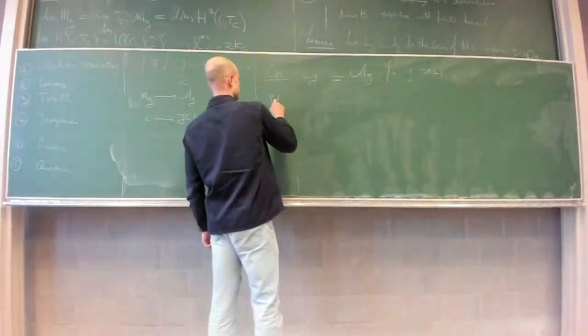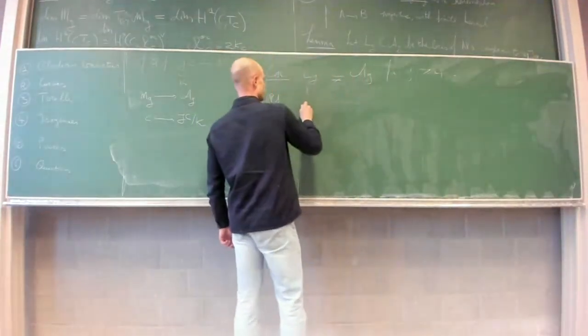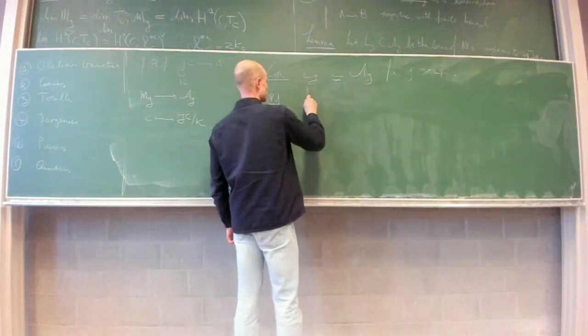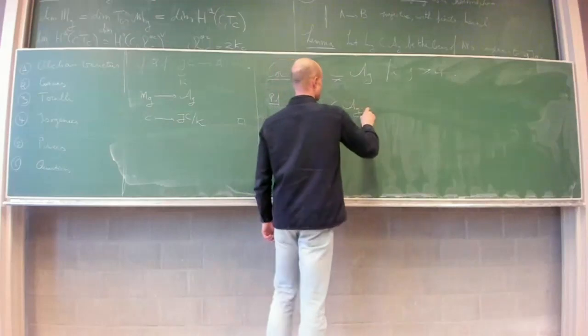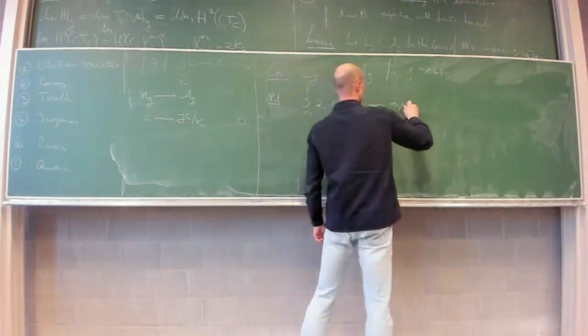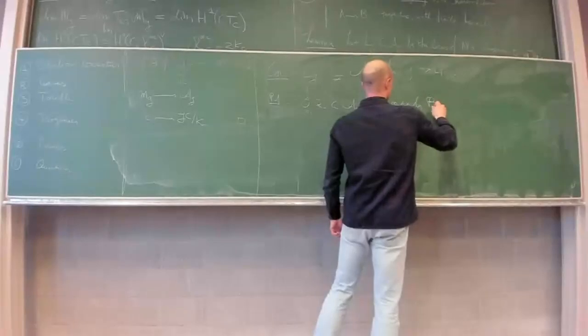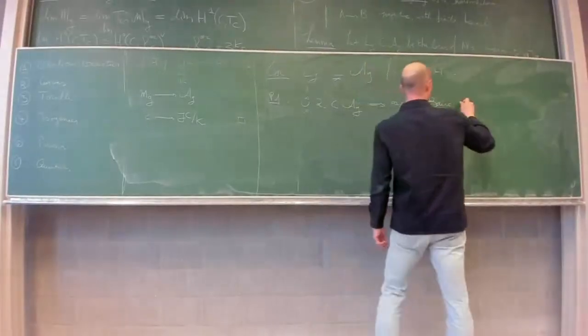And the proof is, so we know that it's a countable union. And so we apply Baire's category theorem.